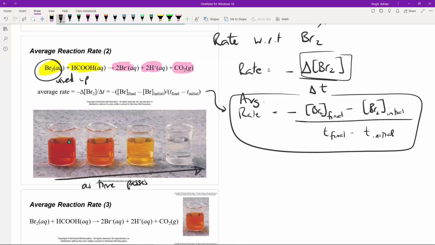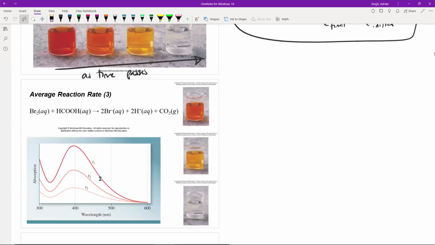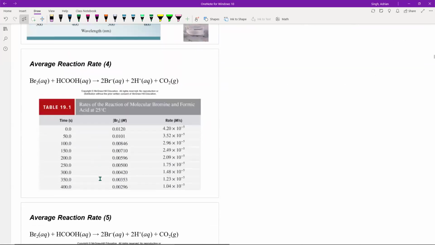The color is going to become less and less intense. So we can use a colorimeter, for instance, to monitor the concentration of bromine over the course of time. We can collect a bunch of data on a chart, and we can use that to calculate the average rate of this reaction.